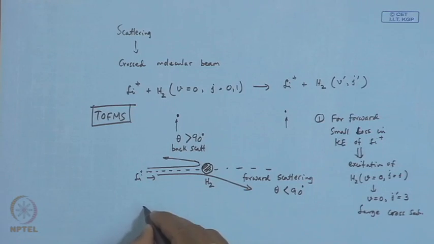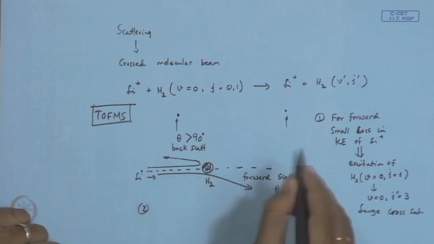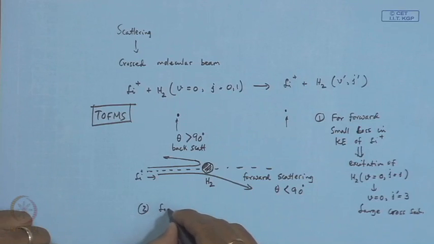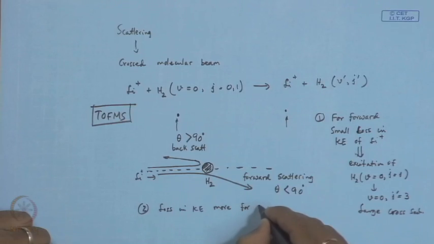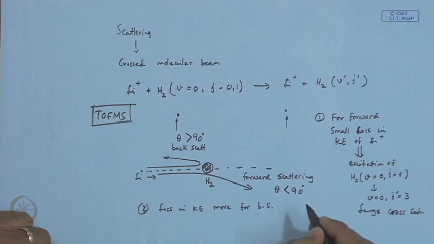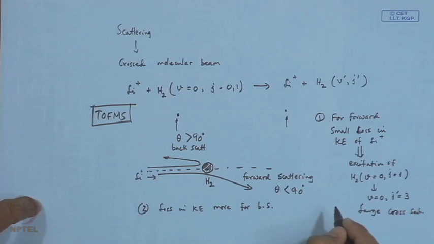And the second situation, that loss in kinetic energy is more for the back scattered. So, loss in KE more for back scattered. Okay. And since it is more loss, that corresponds to excitation from V is equal to 0 to maybe V prime is equal to 1, 2, 3.